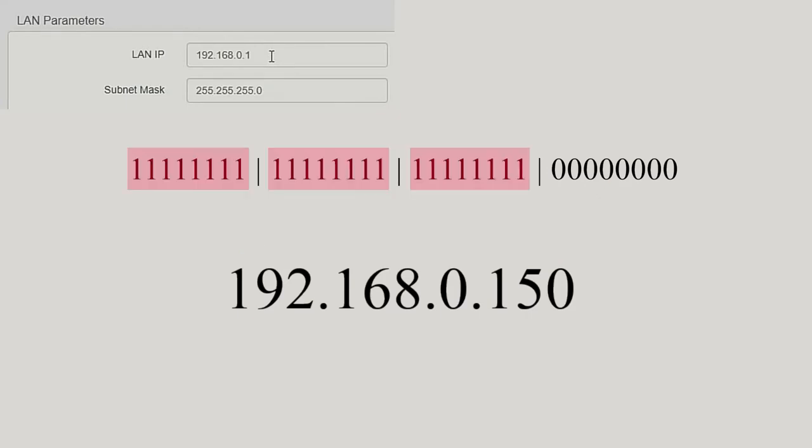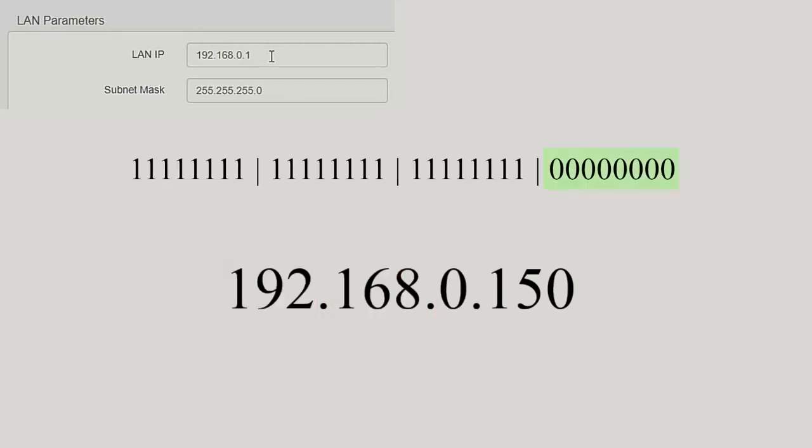As the first 3 bytes consist of all ones, this means that the first 3 octets of the IP address are fixed, but with the last byte being all zeros, this allows us to change the 4th and final octet of the IP address. And since a computer byte or 8 bits can have 256 different values, this is what gives our home network an IP address range from 0 to 255.